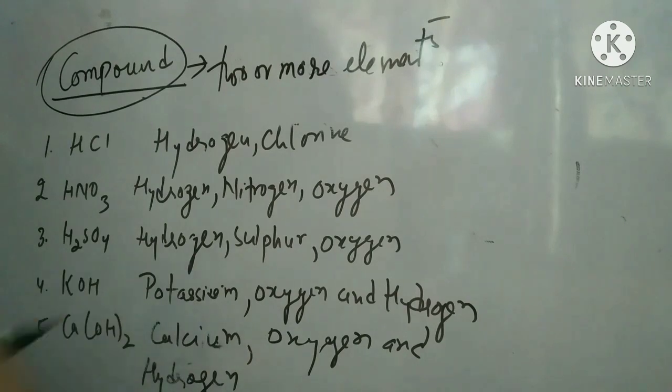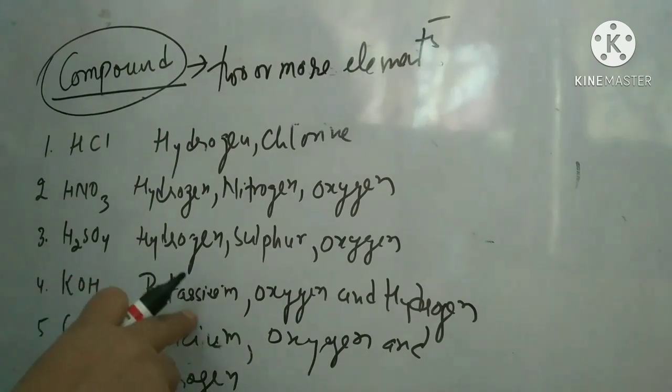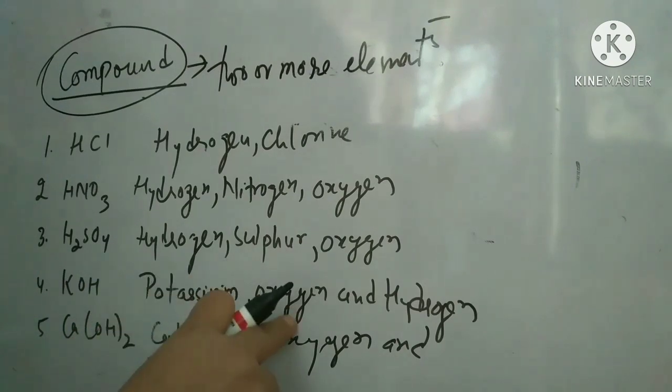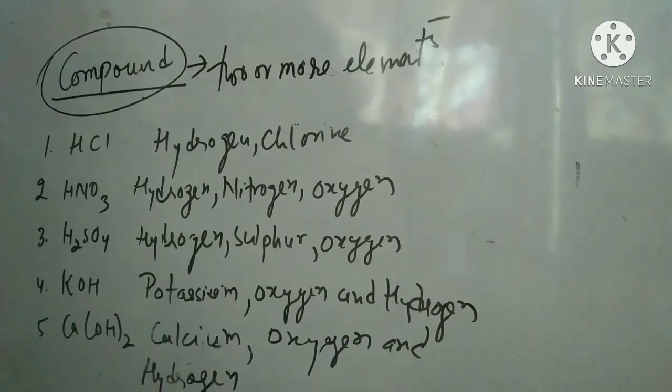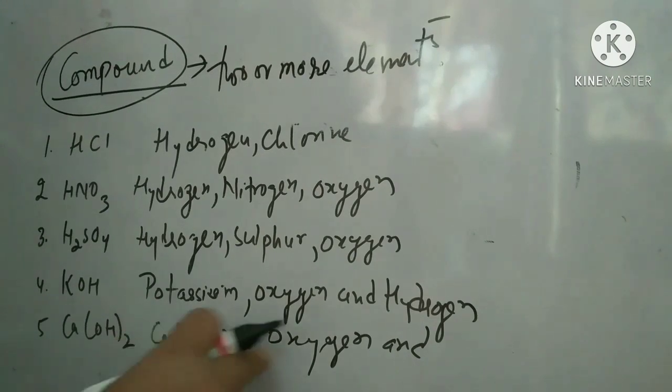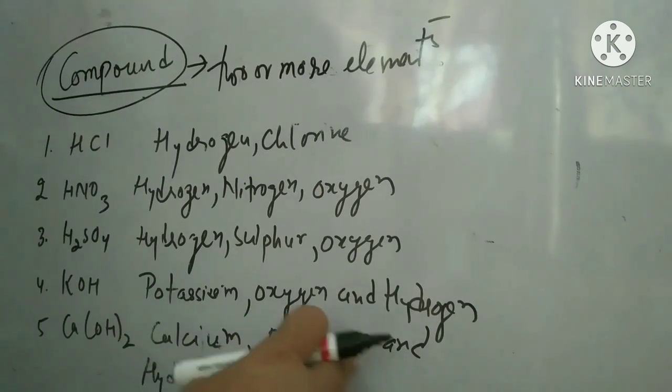The elements present in potassium hydroxide are potassium, oxygen, and hydrogen. Number 5, calcium hydroxide. The elements present in calcium hydroxide are calcium, oxygen, and hydrogen.